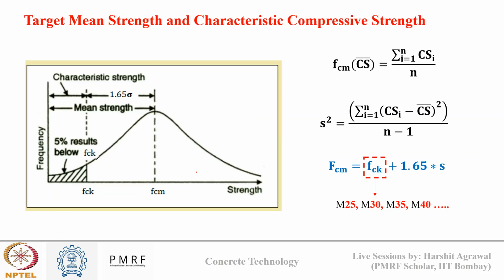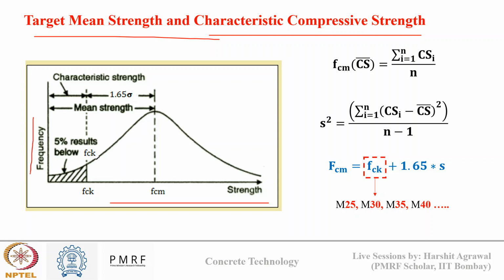Now, in all forms of mixture design that we are discussing here, one parameter which holds the center stage in proportioning is the characteristic compressive strength and the target mean strength that we want from concrete. So first of all, if you see a graph here, the x-axis represents the compressive strength and the y-axis represents the frequency, like the number of times a certain strength value was recorded.